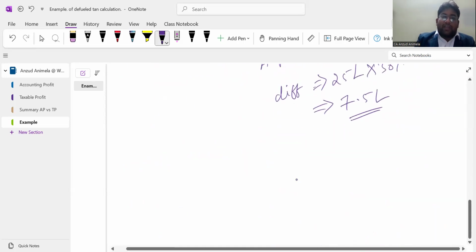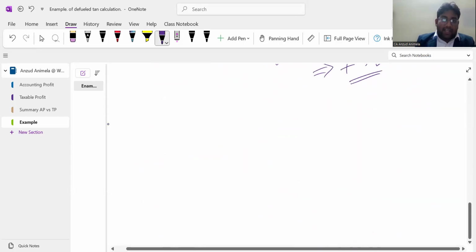The entry would be for deferred tax liability. Since you have to pay more in future, I am creating it as liability.